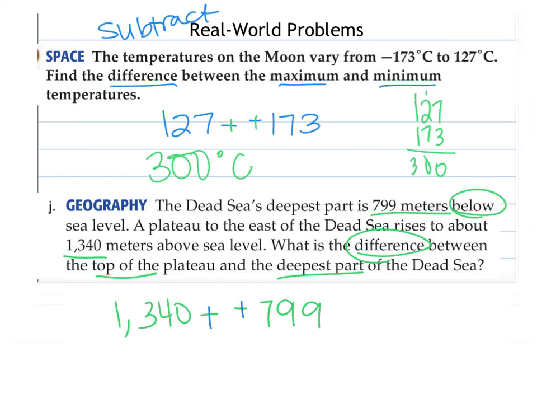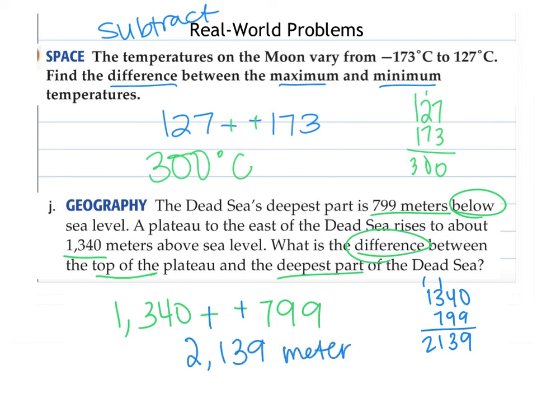So now I'm adding 1340 and 799. 0 plus 9, 9 plus 4, that would be 10, 11, 2. So the difference between them is 2,139 meters. Okay, so difference, subtract, and then just depending on how the question is read, top to bottom.